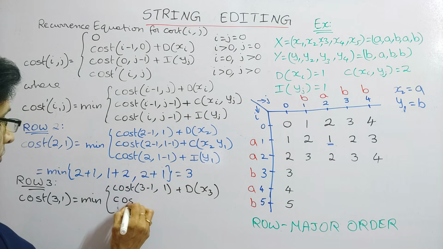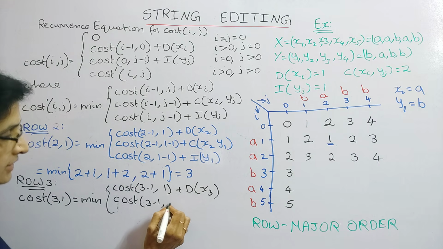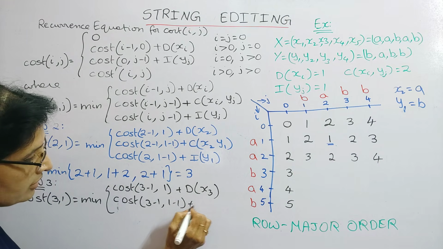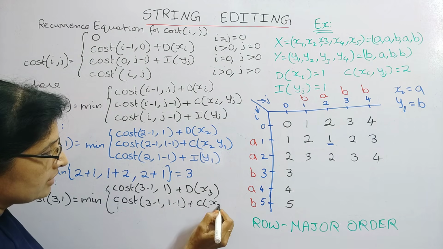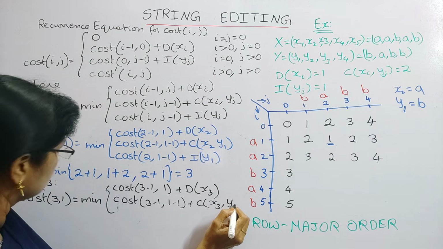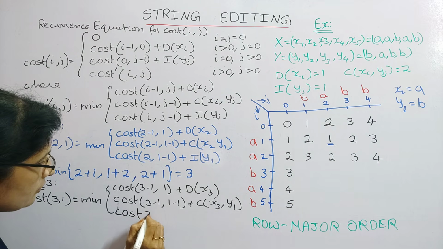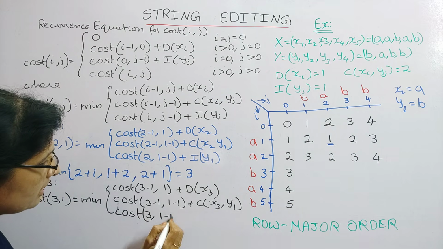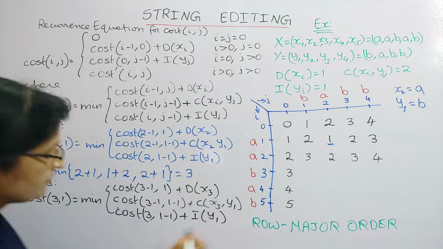Similarly, cost of 3 minus 1 comma 1 minus 1 plus change of x3 to y1. Similarly, the third one is cost of 3 comma 1 minus 1 plus I of y1.